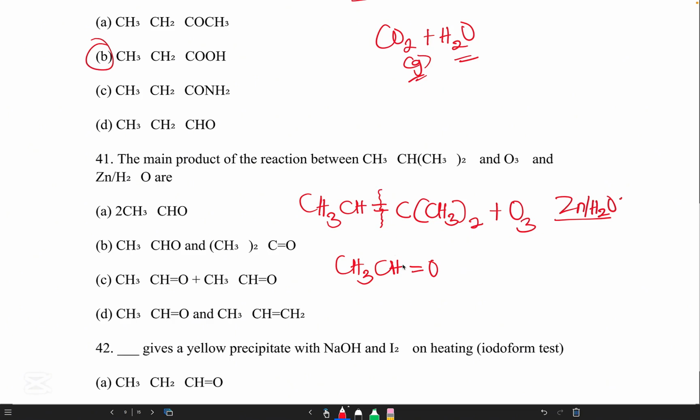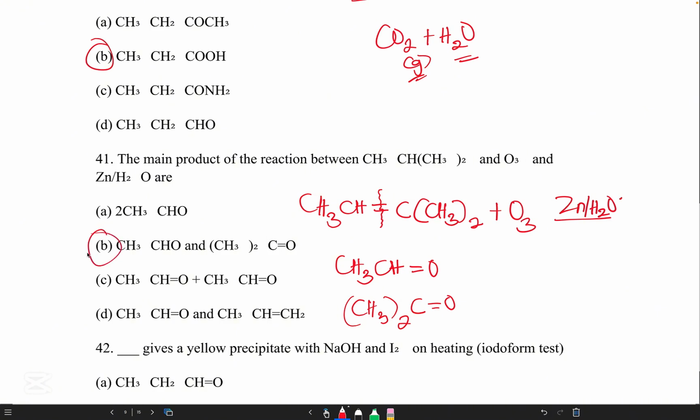So when you divide, add oxygen to one part, then the other will give C bracket CH3, CH3, 2, and then here you have C double bond O. Is that okay? Now this is an aldehyde, this is a ketone. So the correct answer to that question is option B.